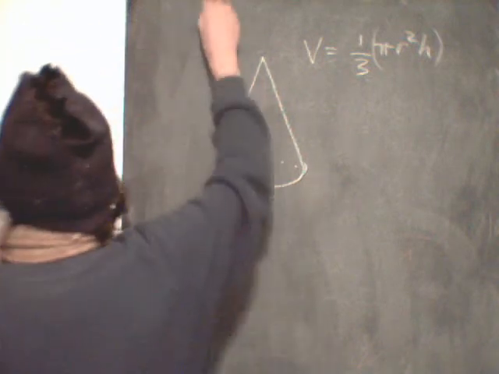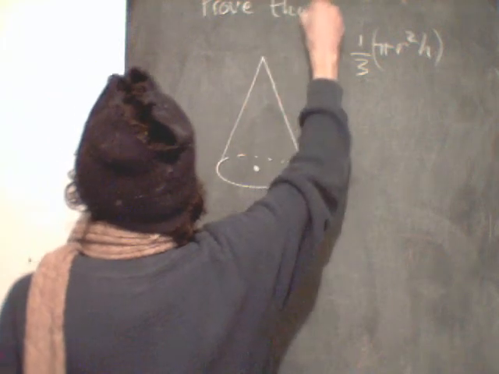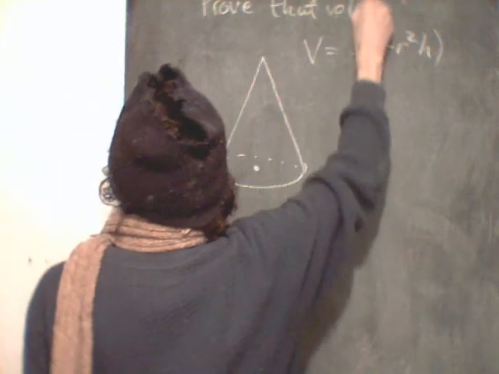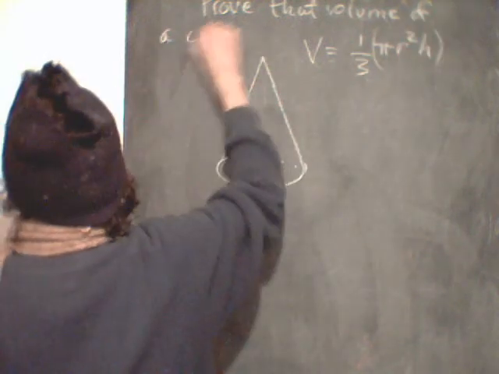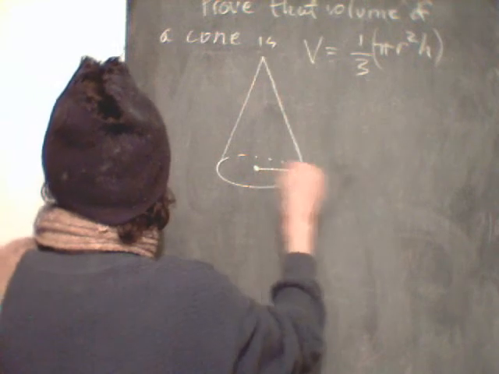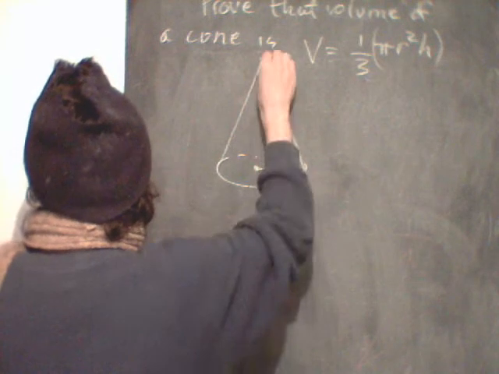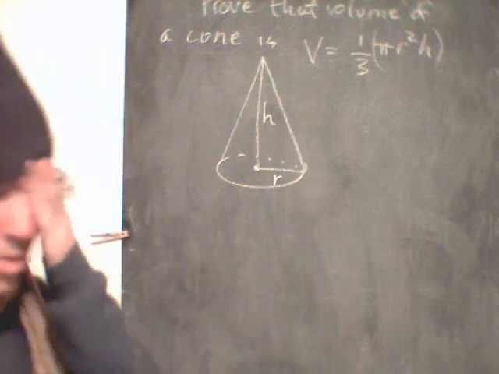We're proving the volume of the cone, which has radius r and height h. So that's what the cone looks like.